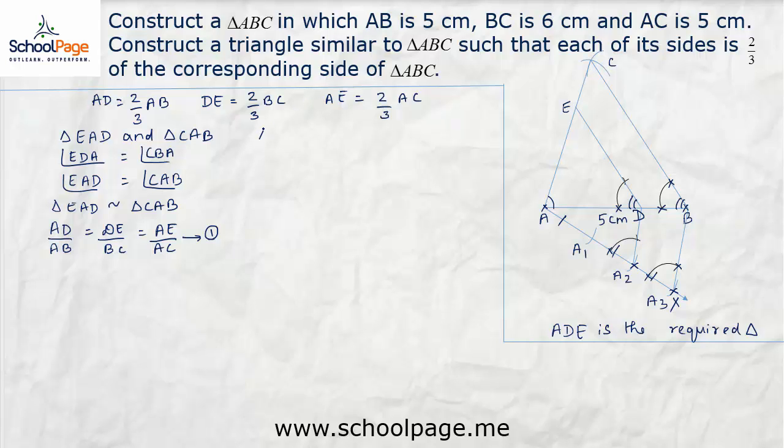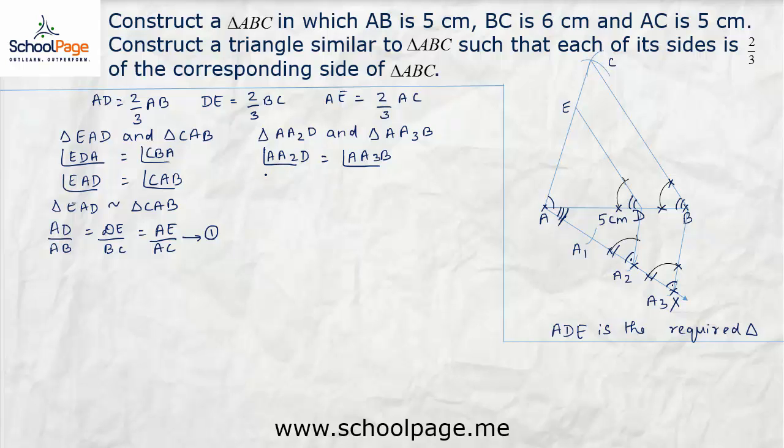Let us now take the triangle AA2D and triangle AA3B. In these two triangles, we can see that this angle and this angle are corresponding angles. Hence, we can say that angle AA2D is equal to angle AA3B. This angle is a common angle for both the triangles.